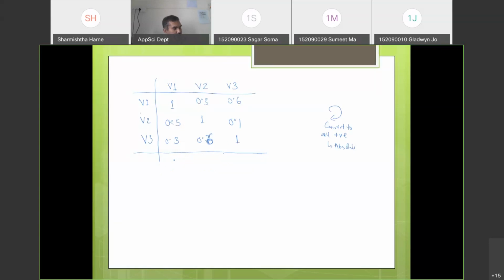Then we calculate the sum of these. Which will be say 1.8, here it will be 1.9, here it will be 1.7. So this is the sum row.